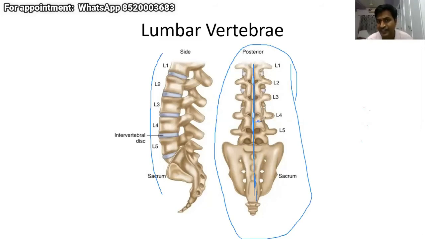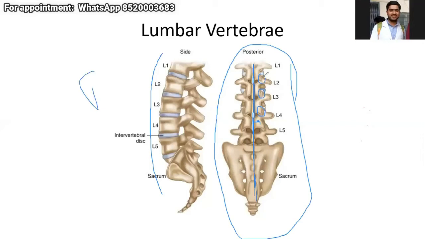Here, hardly one finger breadth lateral, I palpate using my thumb. I press it with my thumb. What are these joints? Facet joints.